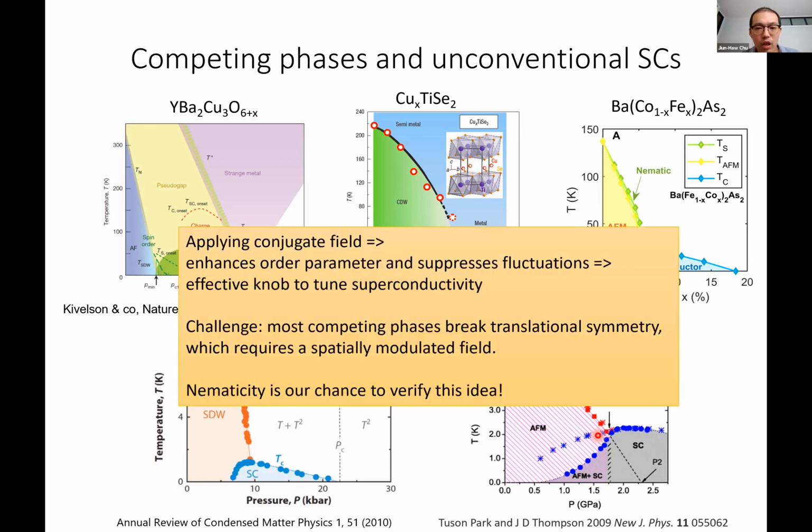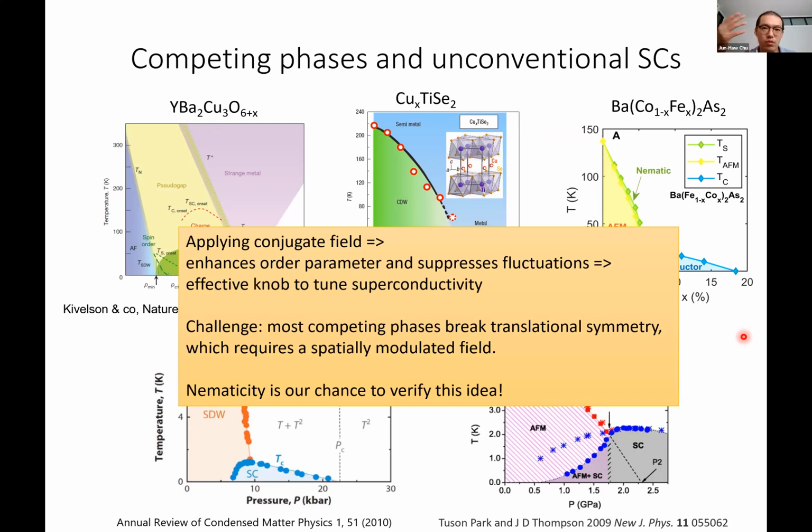Now the problem is that the symmetry breaking phases in all these materials are breaking translational symmetry. A simple idea is that if you can apply a conjugate field, just like applying a field to a ferromagnet which aligns the fluctuating moments, then you can suppress the fluctuation, and supposedly you should suppress the superconductivity. But the challenge for all these other superconductors is that the symmetry breaking also involves translational symmetry breaking.